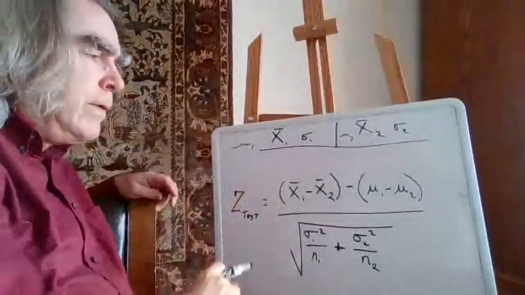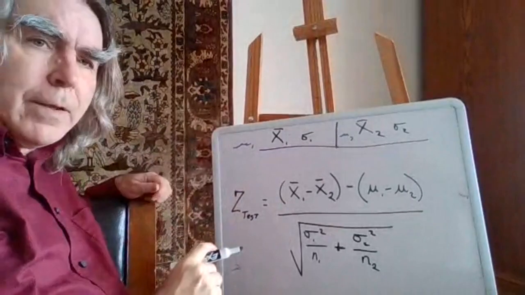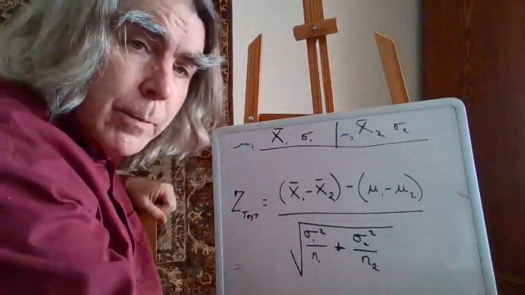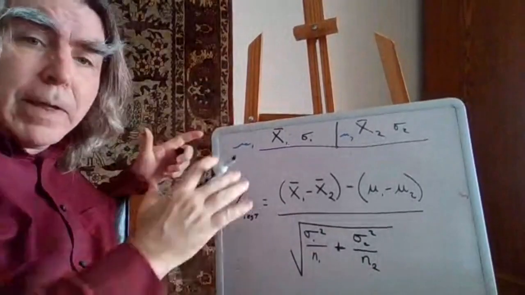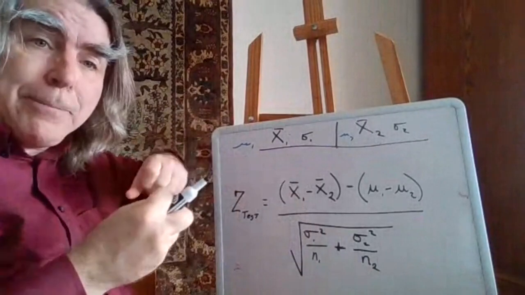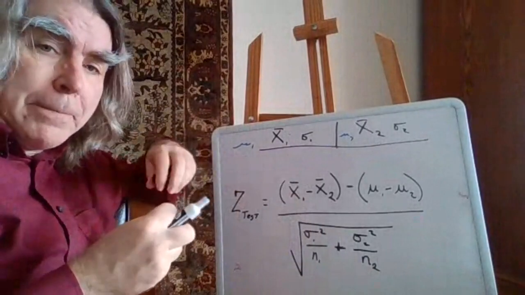So this formula here, okay, is more complicated than the formulas that you had before because we are now dealing with two populations, right?